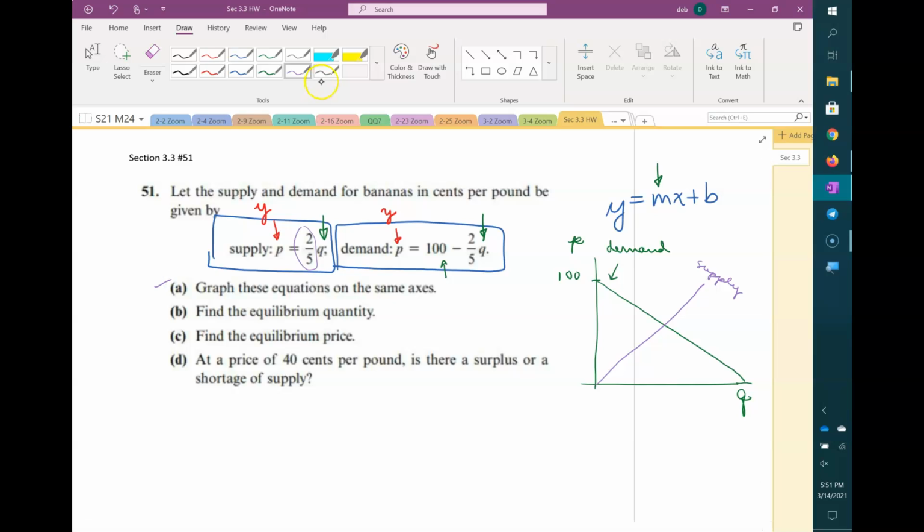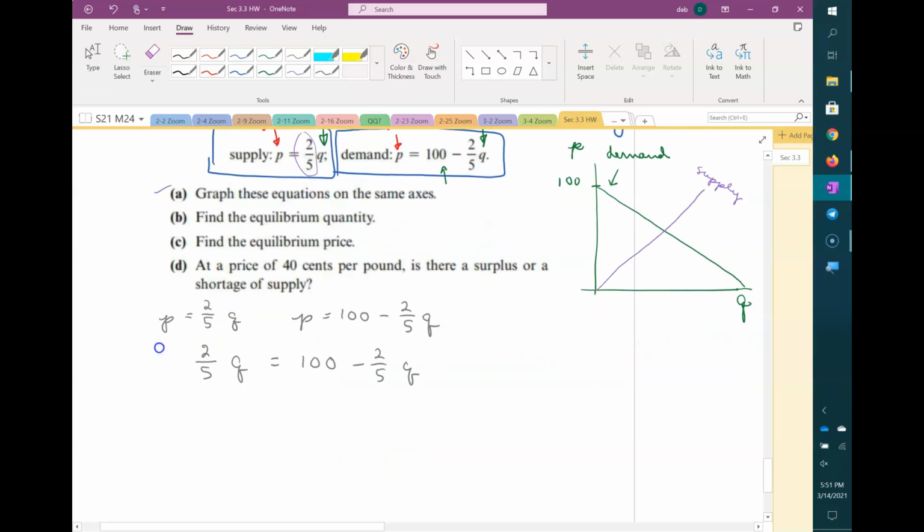Then it says find the equilibrium quantity. On the test, it's going to say use algebra to find the equilibrium quantity. So you need to say, well, what I'm trying to find out is when these two graphs have a point of intersection. So I need to solve this system of equations, and I can do that by setting the supply equal to the demand, because that's what happens at the equilibrium point.